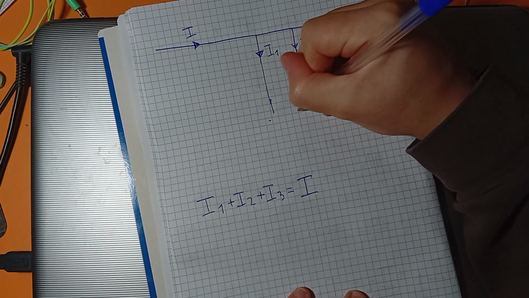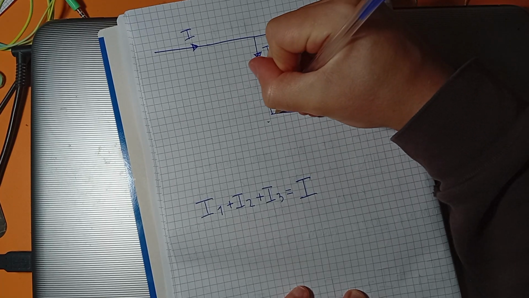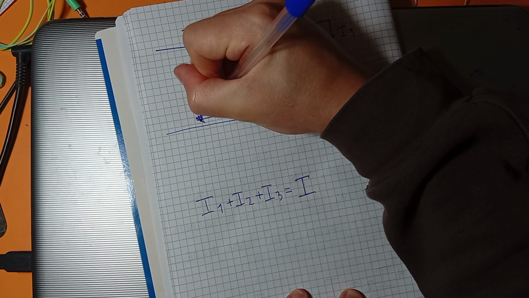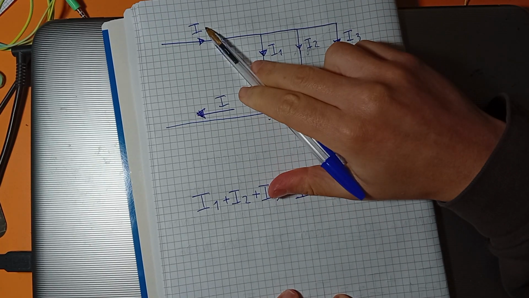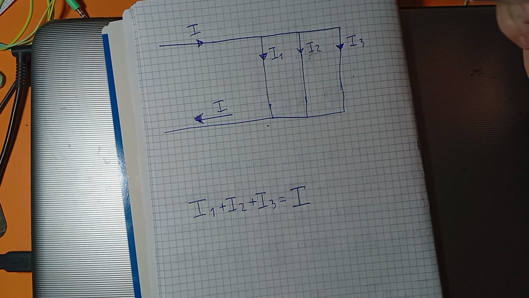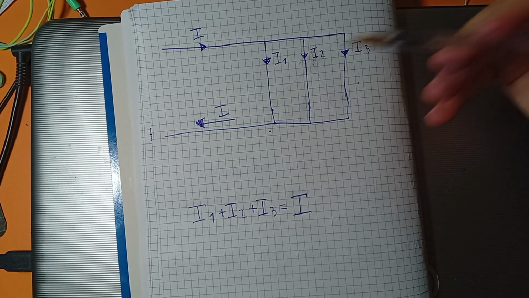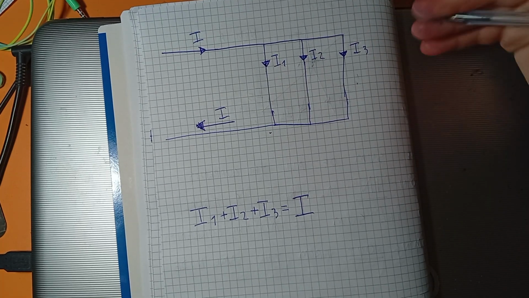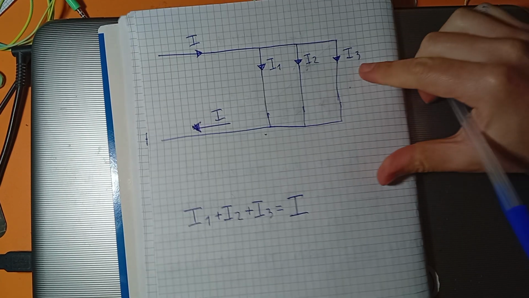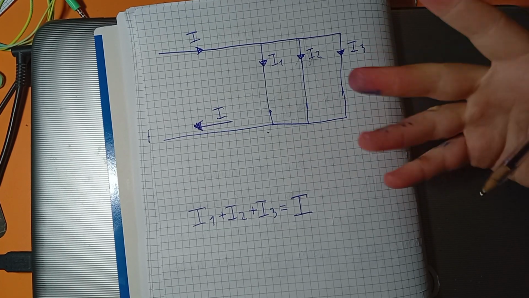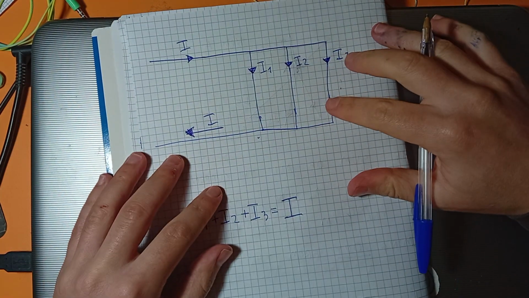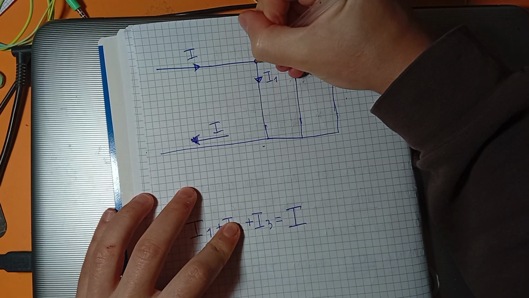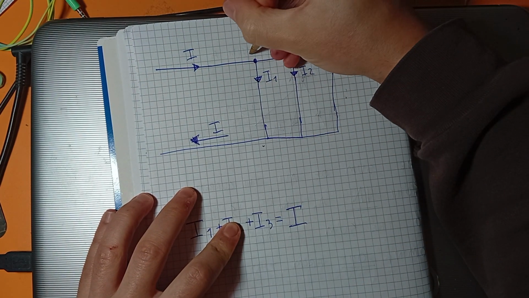And then these three currents will unite again here, and here I will still have the same I as before. Very often you will find this situation, way more often than the other one. But this is still the second Kirchhoff principle, just pictured in a different way. Let's imagine the node here.